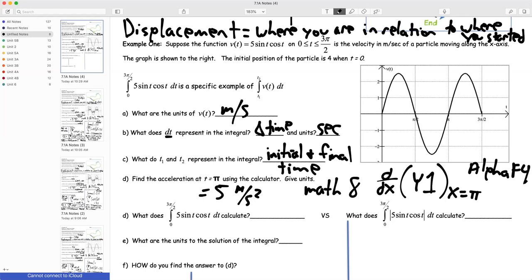Here we go. So what does the integral from 0 to 3 pi over 2 of 5 sine of t cosine of t dt calculate? We have already talked about it. This, it is math 9, but this is the displacement, versus the integral of the absolute value, which is the distance traveled.